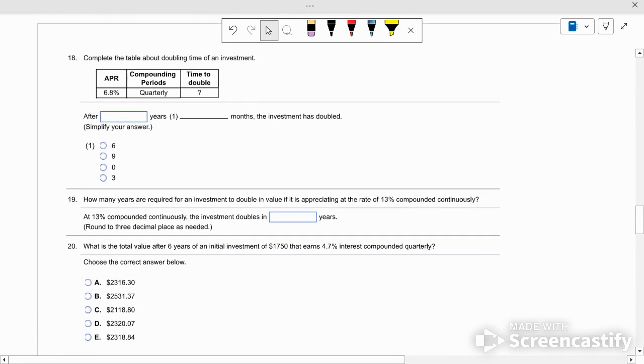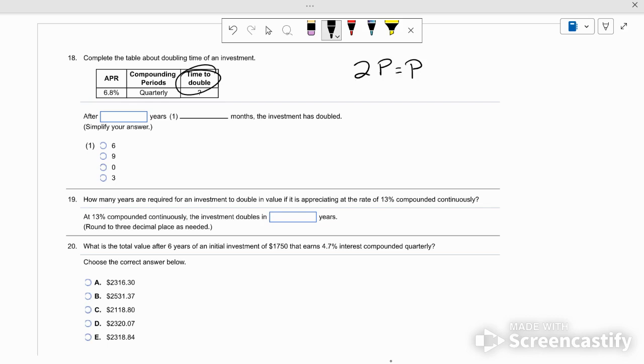Oh, doubling time. Now I'm going to teach it right today because I sure didn't teach it right yesterday. So you want it to double. Whatever your principal is that you start with, you want it to double. So you're going to have 2p here. And if it's quarterly, it's compound interest.